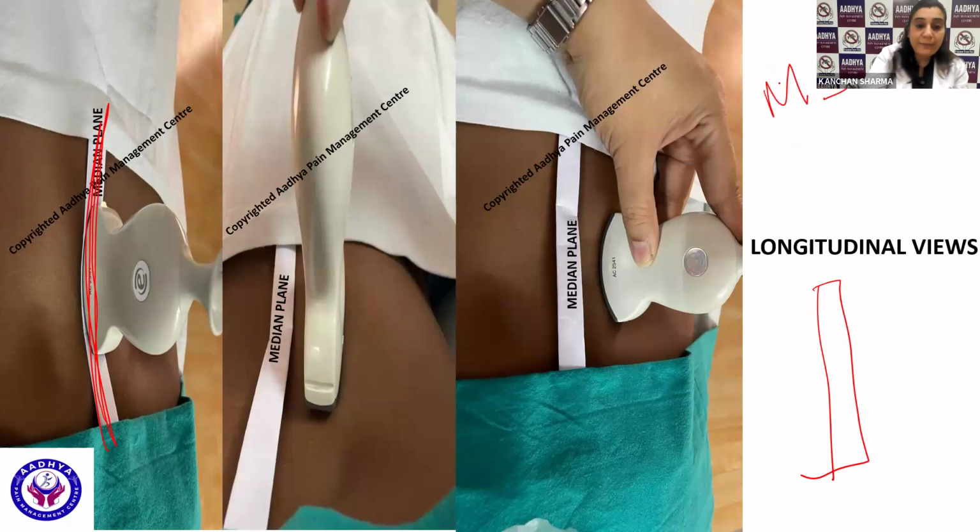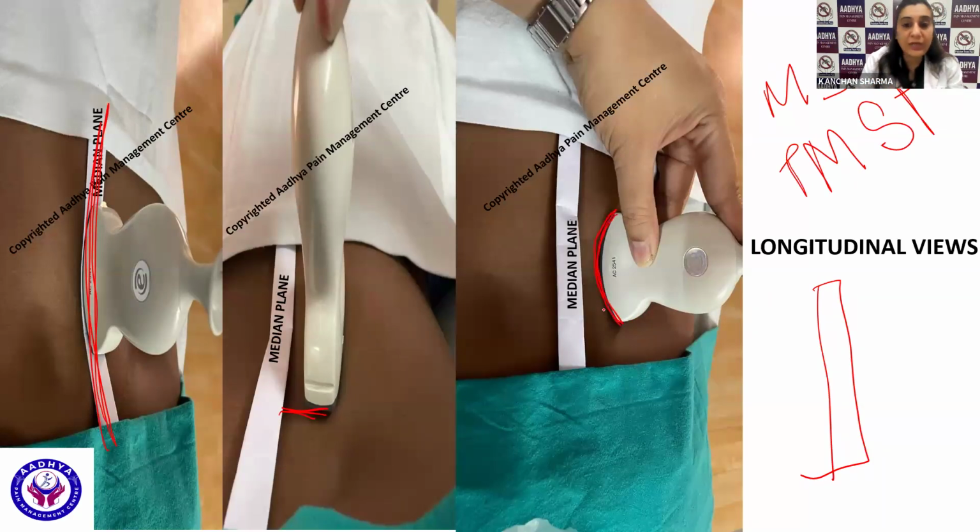But if my probe is just lying adjacent to the spinous processes, I am going to call it the paramedian sagittal plane, right? If I am tilting the footprint of the probe, maintaining the same orientation towards the midline, I am going to call it the paramedian sagittal oblique view.